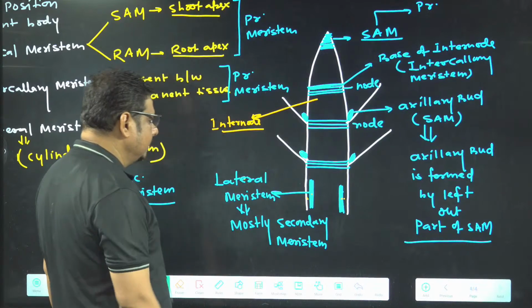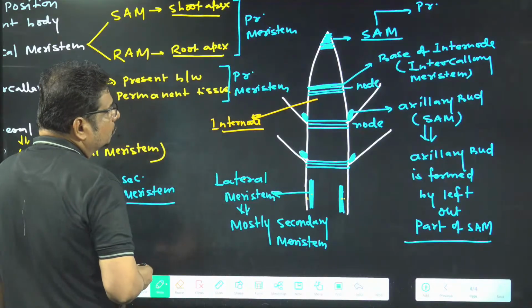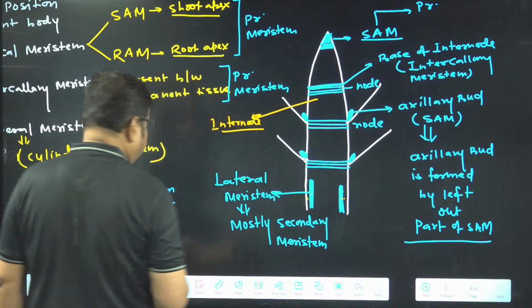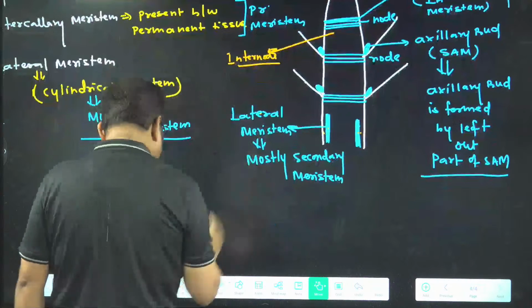Lateral meristem is there. And these are mostly secondary meristem. So you keep one thing in your mind. I am writing it here.